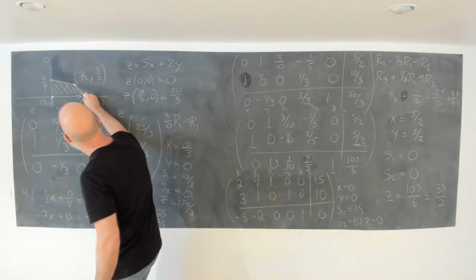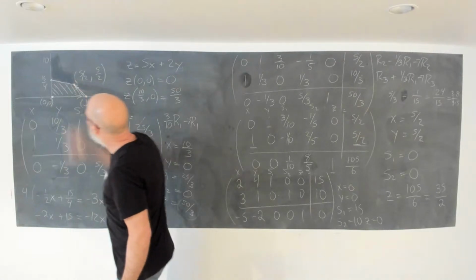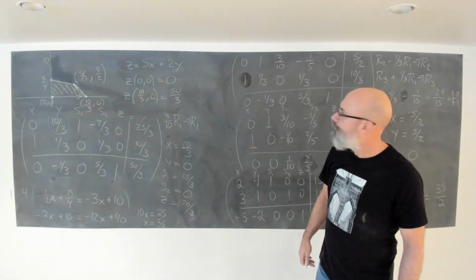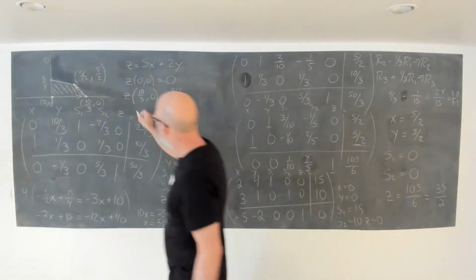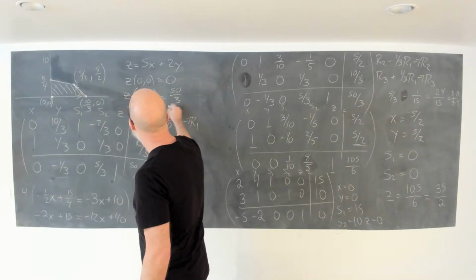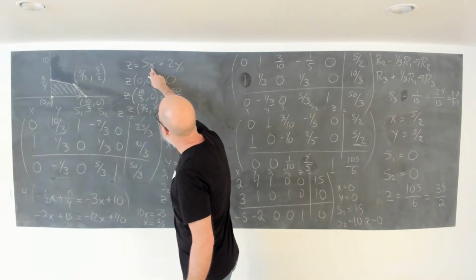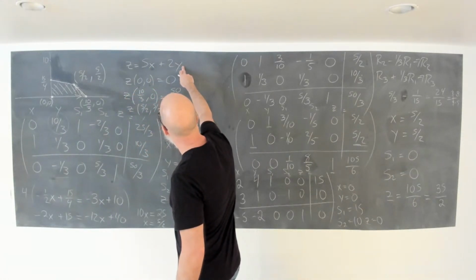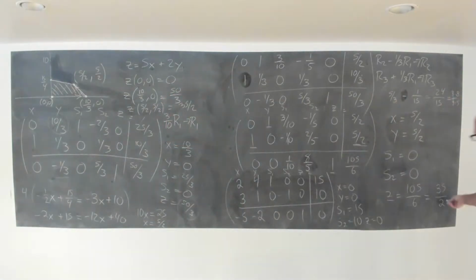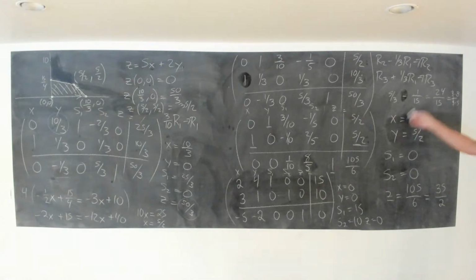We have moved to this one. And Z at 5 over 2, 5 over 2. What is that? This is 25 over 2 plus 10 over 2 is 35 over 2. That's what this is telling us.